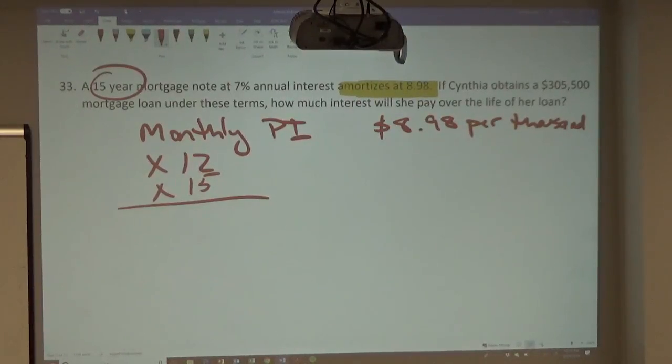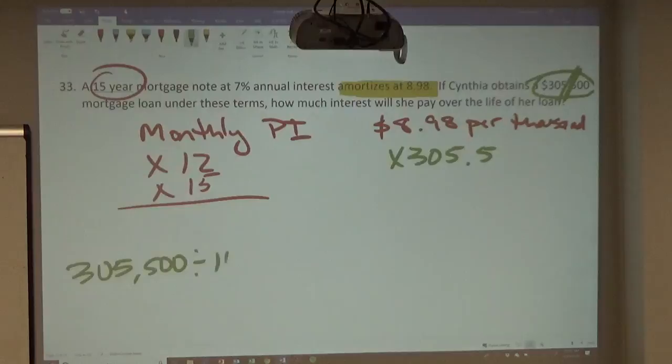And we know that we borrowed $305,500. Well, again, we're just going to cut it off right there. So times 305.5. You could also say 305,500 divided by 1,000, and that would give you 305.5.